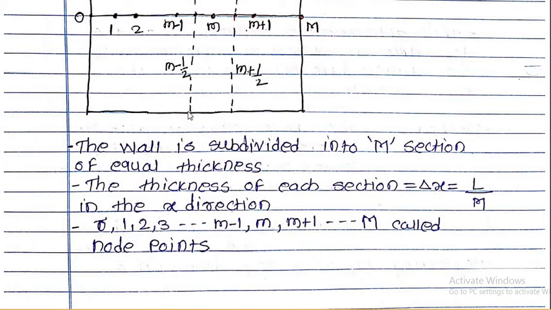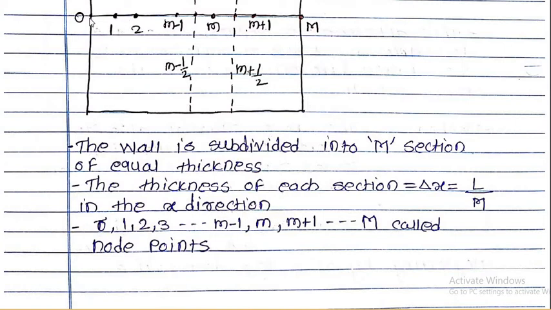So the distance between two nodes is nothing but the thickness of a section, which will be considered as delta x, and its thickness will be L divided by m, because the wall thickness is L and we have divided that wall thickness into m sections. So one section thickness is delta x equal to L divided by m in the x direction.